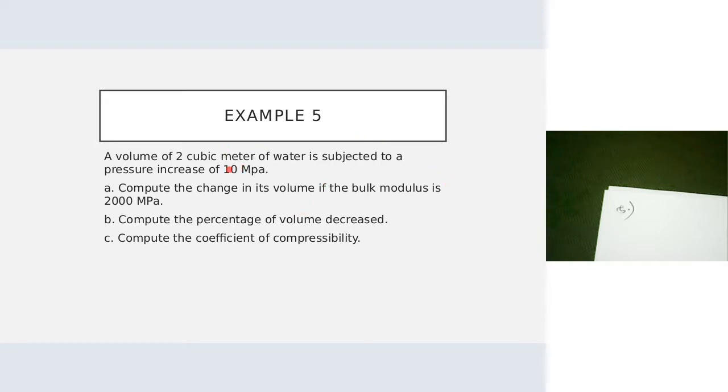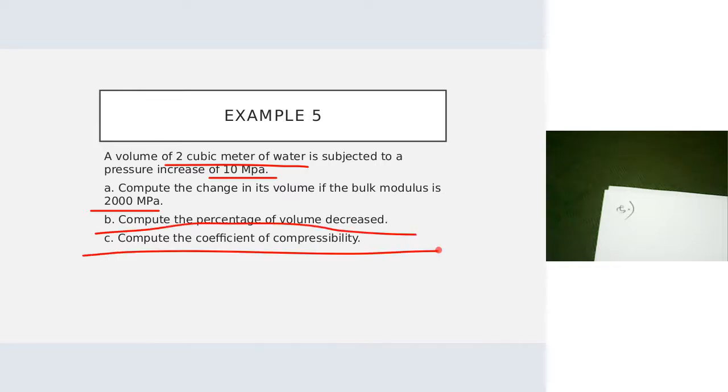A volume of 2 cubic meter of water is subjected to a pressure increase of 10 megapascal. Letter A, compute the change in its volume if the bulk modulus is 2000 megapascal. Letter B, compute the percentage of volume decreased. And letter C, compute the coefficient of compressibility.